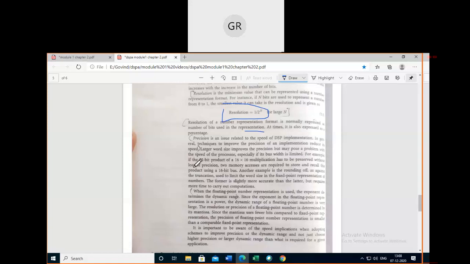For example, the 32-bit product of a 16 cross 16 multiplication has to be preserved without loss of precision. Two memory accesses are required to store and recall this product using a 16-bit bus. Another example is rounding off, as against the truncation used to limit the word size in the fixed point representation of the number. Okay, this is about the precision.